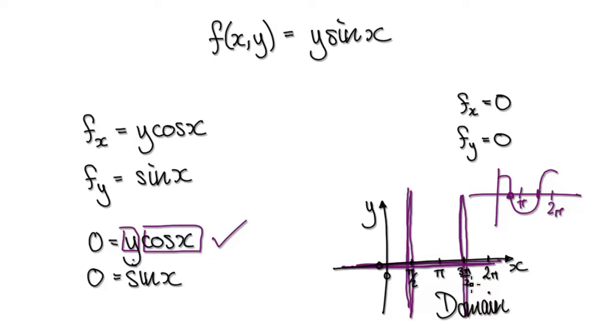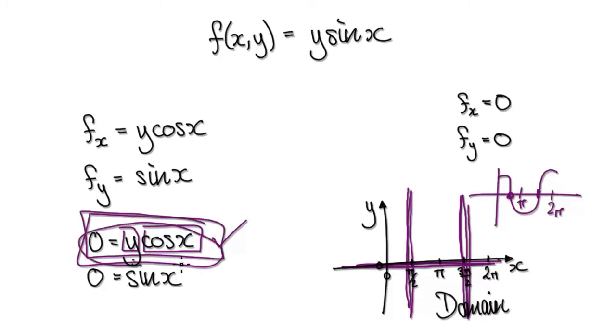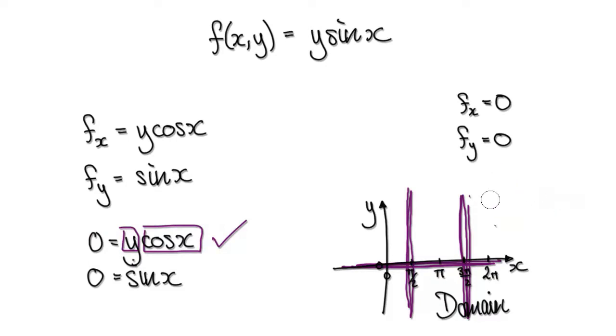So anything on this vertical line would also mean that this whole thing is 0. You can now see the pattern. There will be more vertical lines over here and over here. Just know that you can keep on going to the right and keep on going to the left. So this thing would be satisfied any time you're on this horizontal line or these vertical lines. Okay, so bear that in mind.